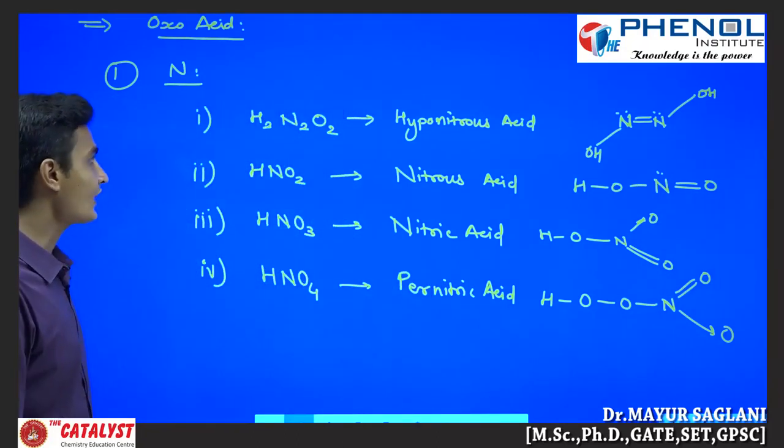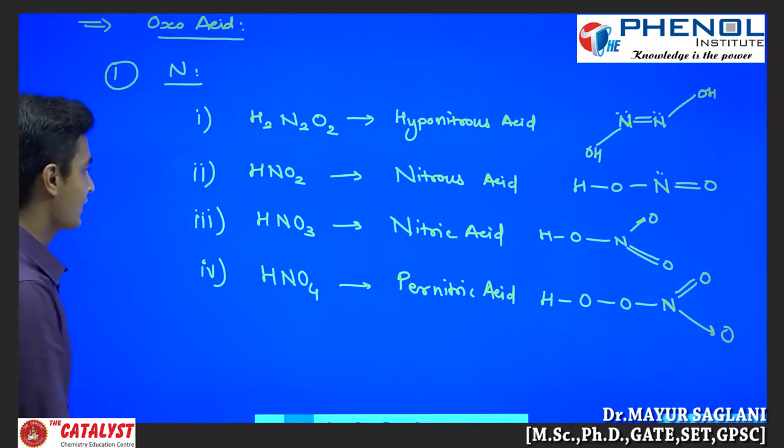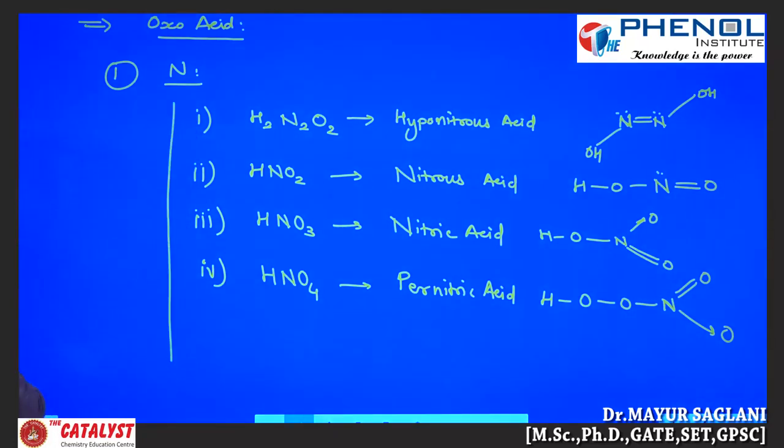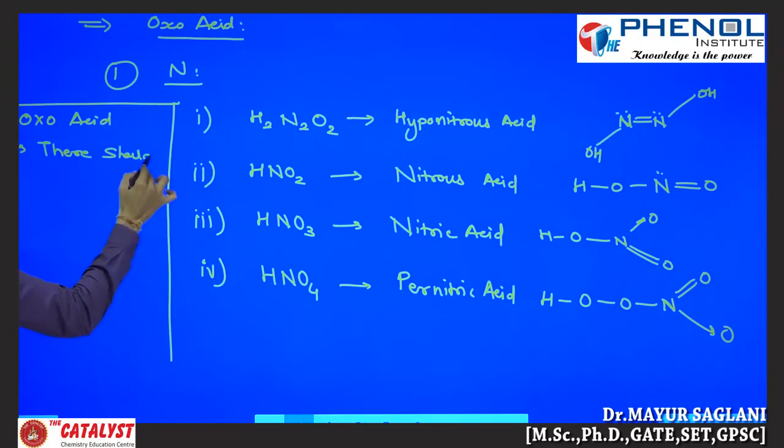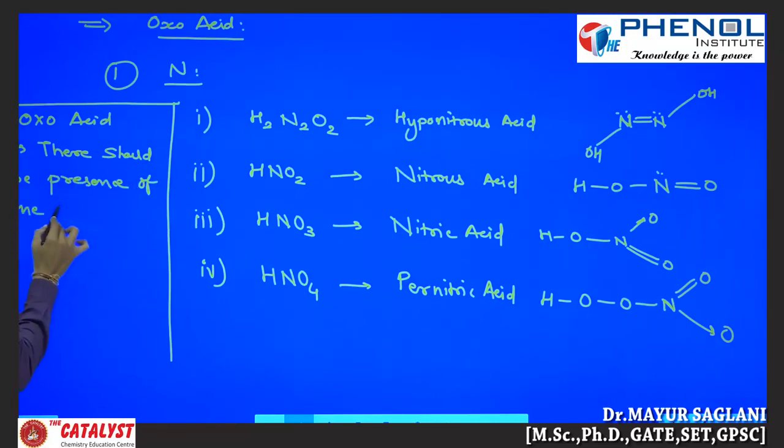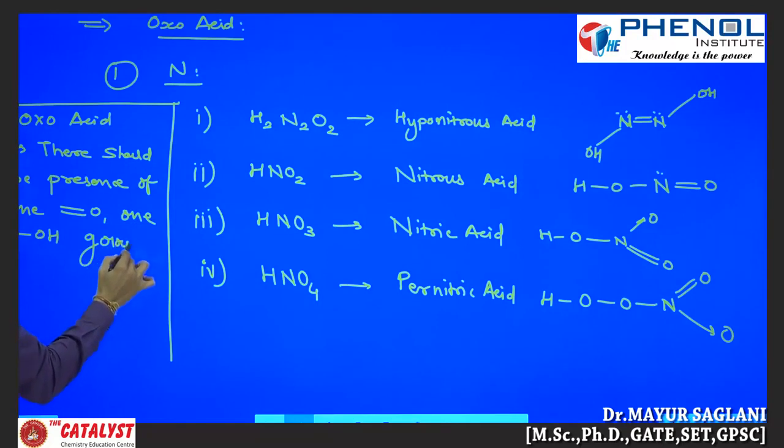Fine. So I will write some requirements. What can be an oxo acid? In an oxo acid there should be the presence of one double bond O and one OH, that is hydroxy group. Okay, this one is the first requirement.